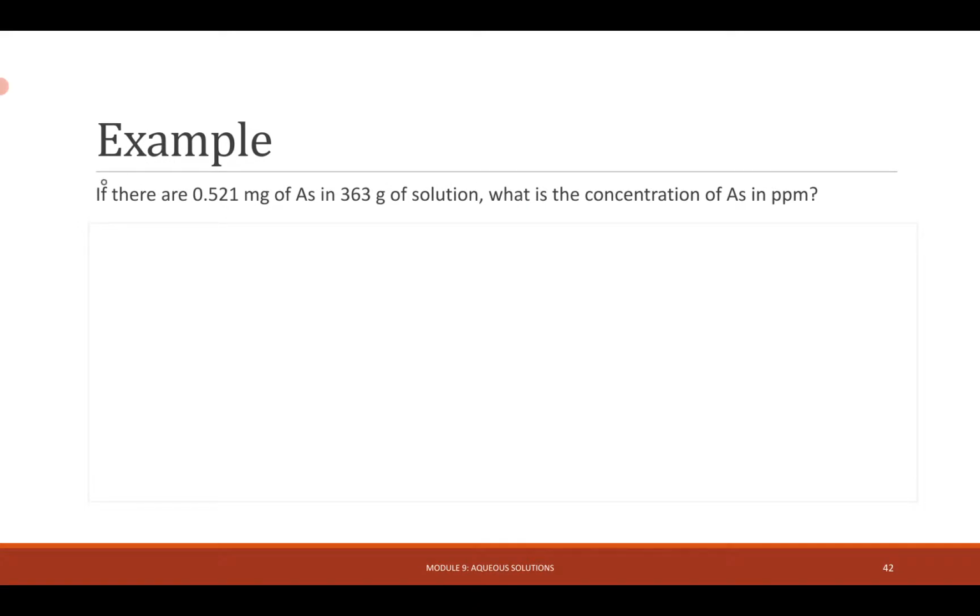Let's do an example problem. Here it says if there are 0.521 milligrams of arsenic in this many grams of solution, what is the concentration of arsenic in ppm? So I am asked to find ppm. And I am given my mass of solute and I am given my mass of solution.